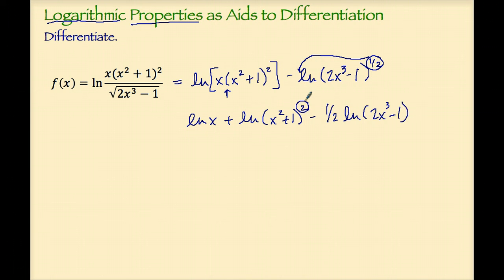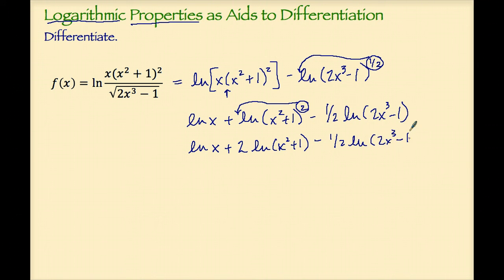Now one final bit of simplification using the power property again, or the exponent property again, allows me to bring it around to become the coefficient of that term, plus 2 times natural log of x squared plus 1, minus 1/2 natural log of 2x cubed minus 1.